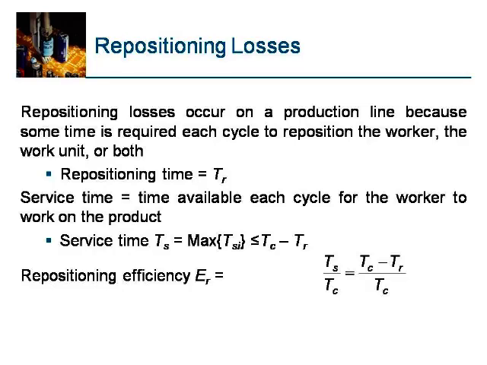Reposition time is TR, and service time TS is the time available each cycle for the worker to work on the product, TS is equal to TC minus TR, where TR is the repositioning time and TC is the cycle time. Repositioning efficiency is equal to TS by TC, that is, 1 minus TR by TC. If TR is 0, repositioning efficiency is 100%. That means he is not wasting time for repositioning.